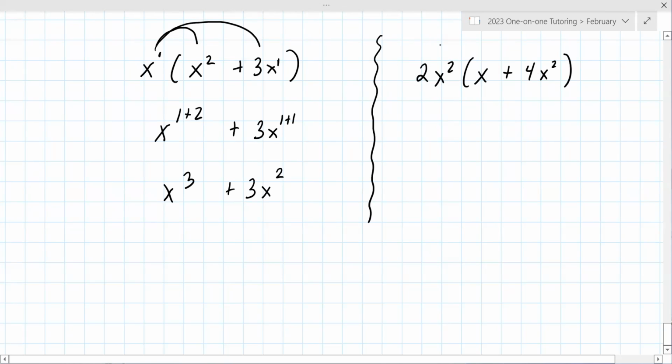The whole thing multiplies inside here. So the x squared times the x becomes x cubed with the 2. And then the 2 times the 4 is 8. And then the x squared times the x squared is x to the 4th because you add the exponents.